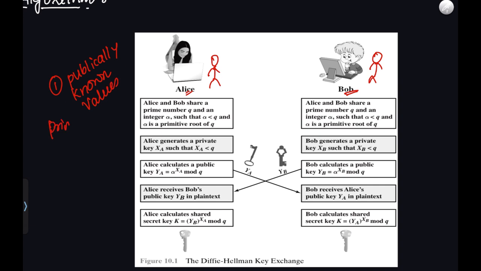The first one is a prime number, which is called Q. We are taking a large prime number, and along with that we take alpha. Alpha is called the primitive root of Q. Q and alpha should both be known by the sender and the receiver, which is why these two values are known as the publicly known values. That's what the first box depicts.